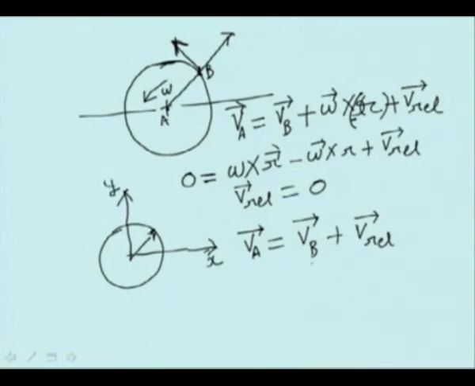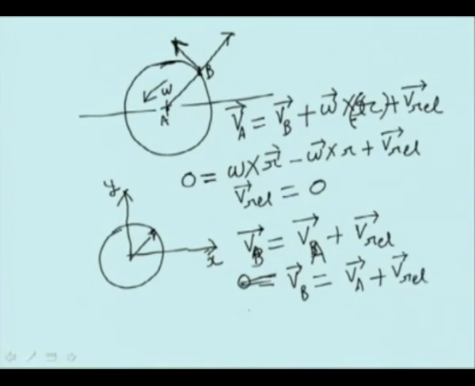Now, here VA is equal to 0, so VB is equal to VA plus VL.